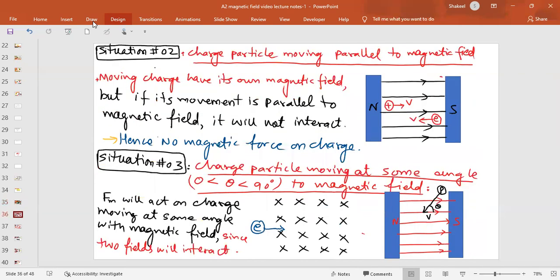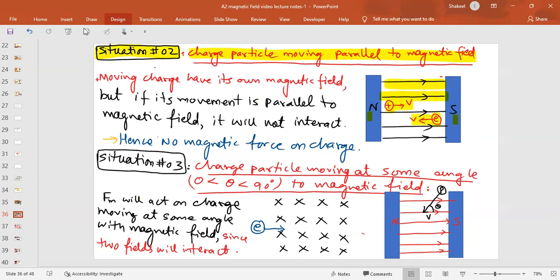Well, about situation 2. Situation 2 is when the charged particle moves parallel to the magnetic field, as shown in the diagram. You can see that there are two poles, north and south, and the magnetic field lines are moving from north to south. The proton, a positive charge, is moving from north to south, and the electron is moving from north to south, so they are moving parallel.